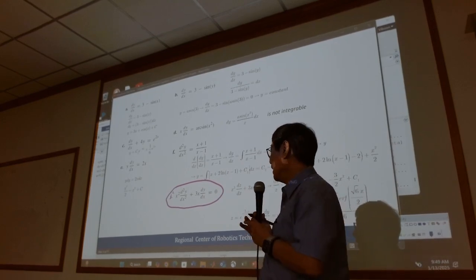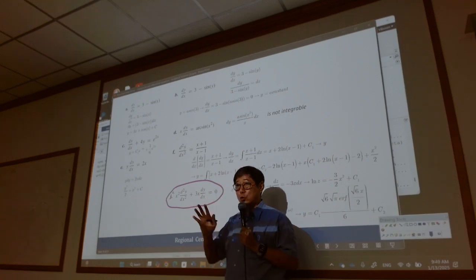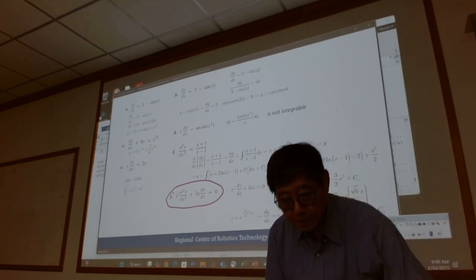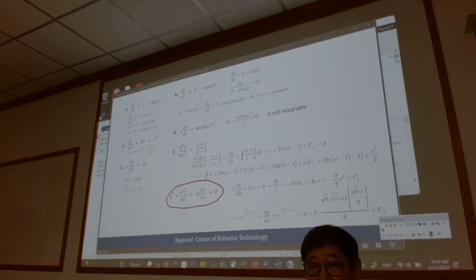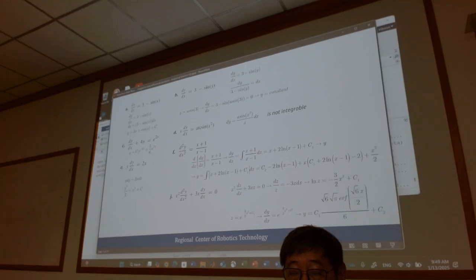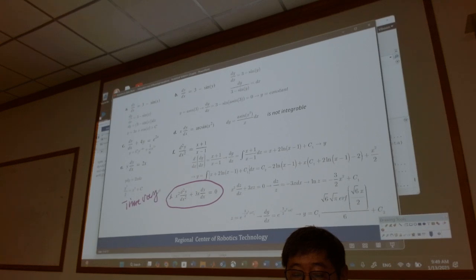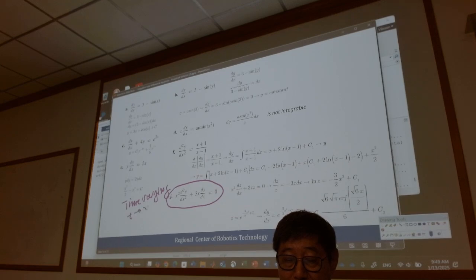I will show you very soon. You see, this one is time varying, because let's say t is x. This one is linear.